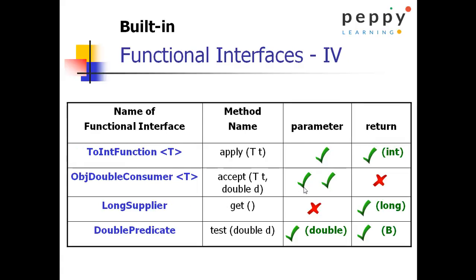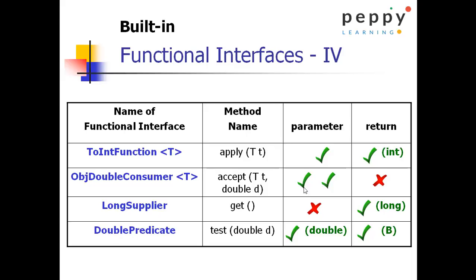Next, these are the mixed built-in functional interfaces I have taken randomly. The first one is ToIntFunction. If you understand that a Function will take a parameter and return a value, then ToIntFunction means the function can take any type of parameter, but the return type will be integer.